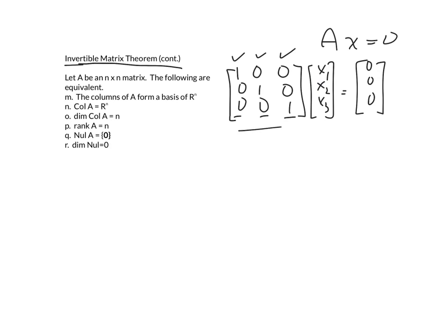If this is our A, then the only solution is the 0 vector. And then the dimension of the null space is 0. That's just a little caveat that we have: when the only vector is the 0 vector, we say that the dimension is equal to 0 rather than 1.